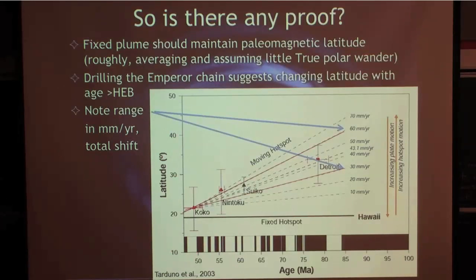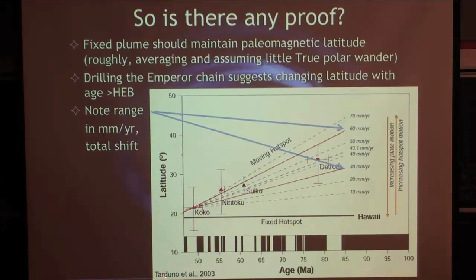So if you go to the older stage of the Hawaiian-Emperor chain, we know that right around the bend is when things get really weird, because according to the Indo-Atlantic hotspots, the plate motion should be pretty much marching on, while in Hawaii it heads north.